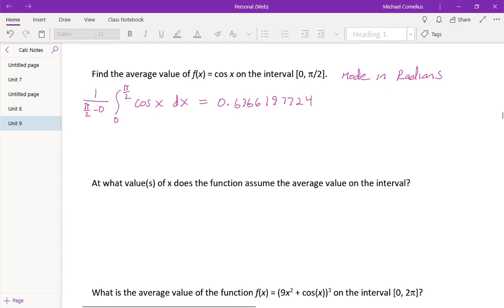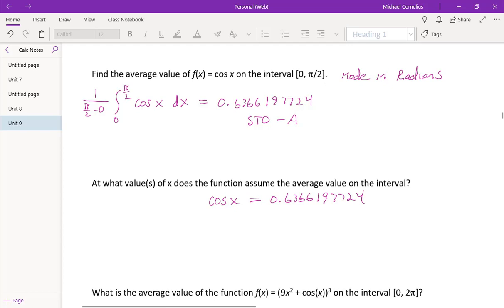So what I'm going to do here is I'm going to store this. I'm going to put that in my calculator and store it as A. All right, and then what I want to find out again, at what value of x does the function, so where does cosine of x assume the average value? Where does it equal 0.6366197724?